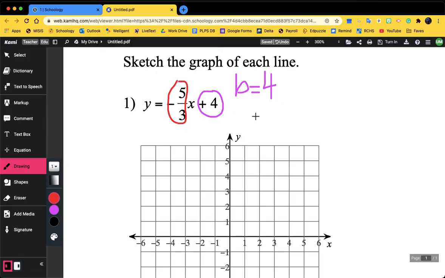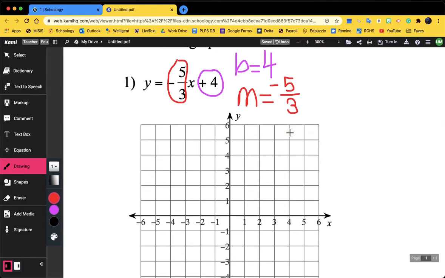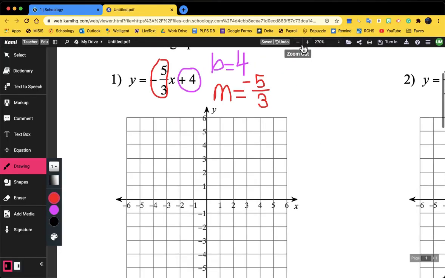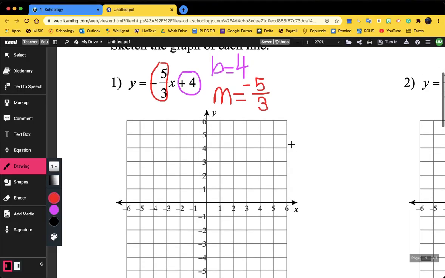M is equal to, now I'm using my mouse here. I click, draw a negative, and then click and draw a 5. Click, draw a line, click, drag, and draw a 3. Look at that. So my y-intercept is 4, and my slope is down 5 over 3.